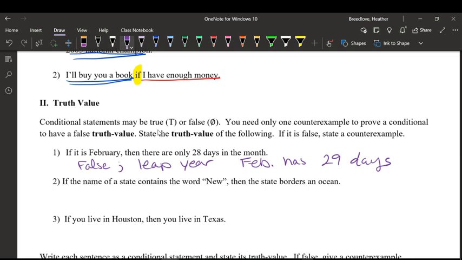The reason it's saying California would be true is if a state borders the ocean, then the state contains the word new. But this one is false because New Mexico does not border an ocean.